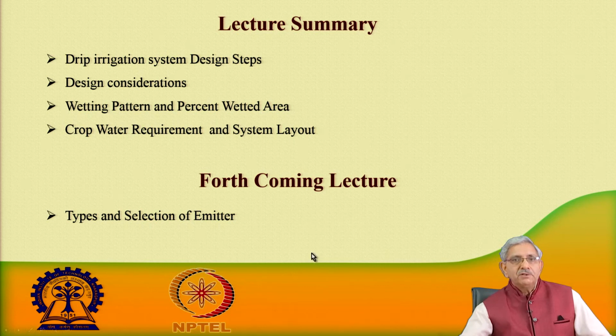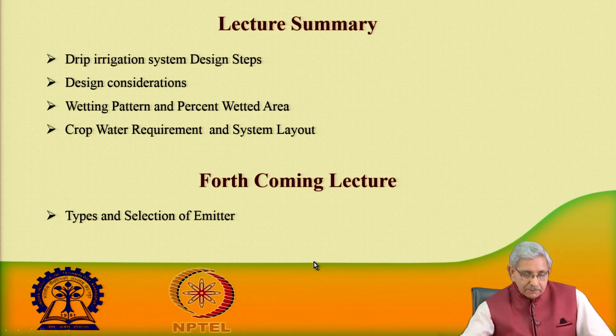So, let us summarize this particular lecture. We discussed the points which are used for the design of a drip irrigation system, and what should be considered while designing the system.